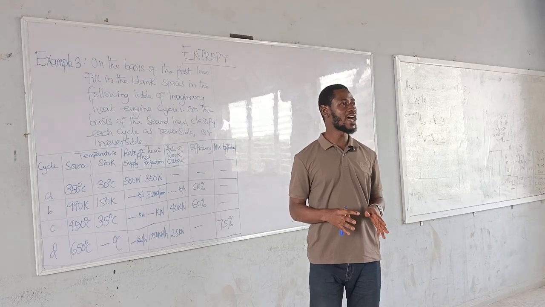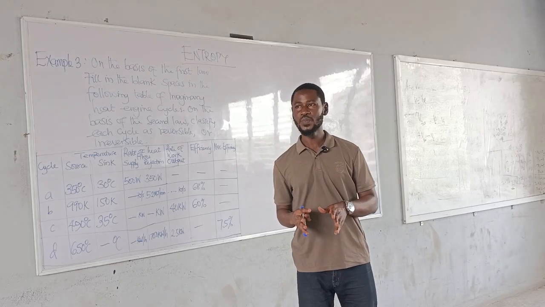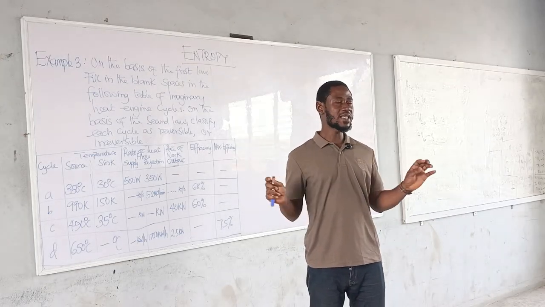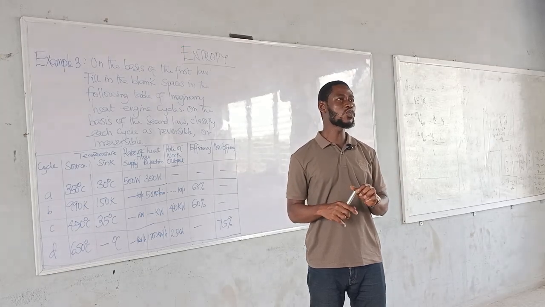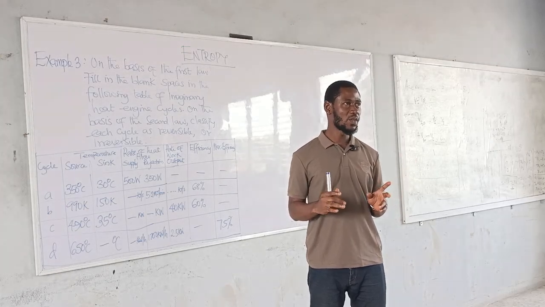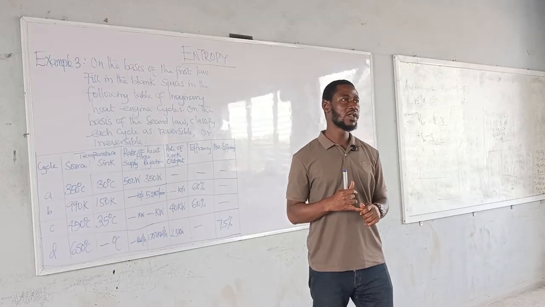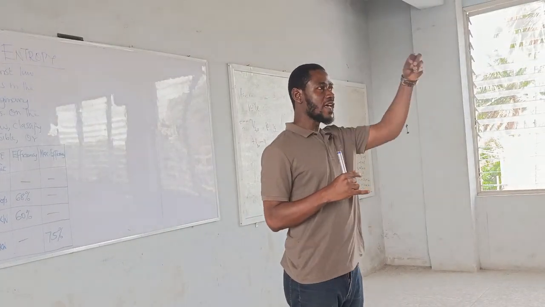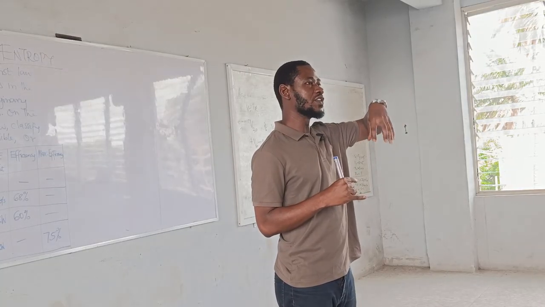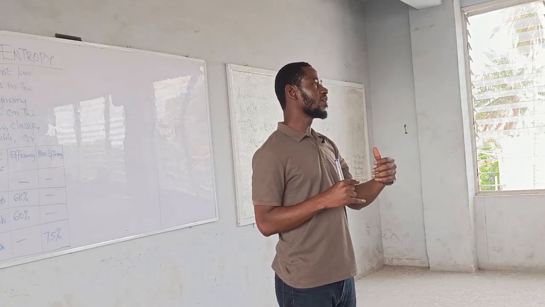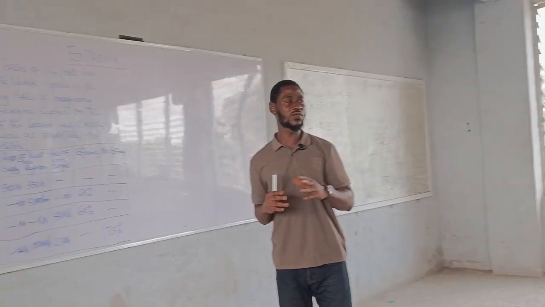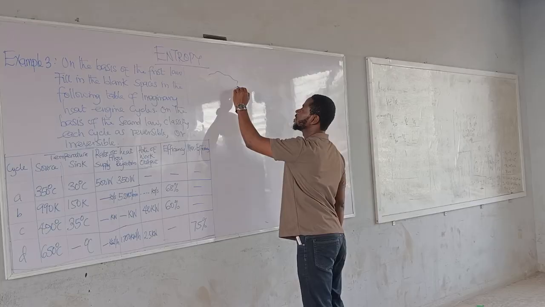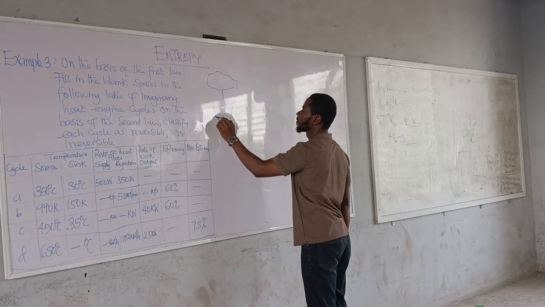Before we solve this problem, I have to explain some things to you. The first thing is, in a heat engine, the net work output involves 2 things. The first one is you must have the source. The source is where heat is being added to the engine or the system, while the sink is where heat is lost from the system. A typical example of a heat engine looks like this.